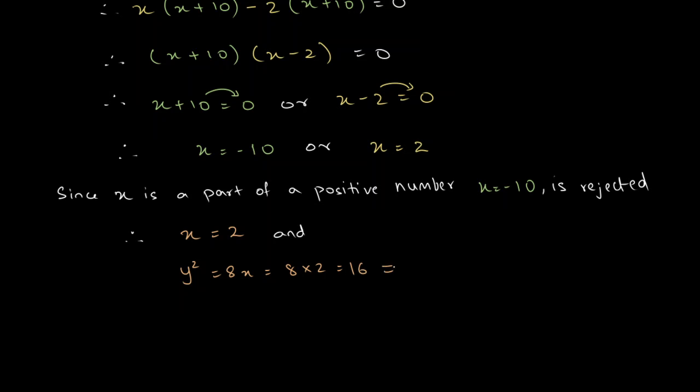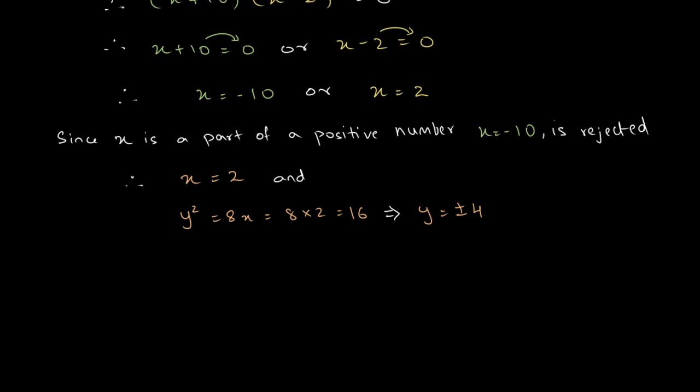So that will be equal to 8 into 2, which is 16. Now if y square is equal to 16, it would mean y is equal to plus or minus 4. But once again, minus 4 will be rejected because it's a part of a positive number, right? So we will reject minus 4, which would imply y is equal to 4.